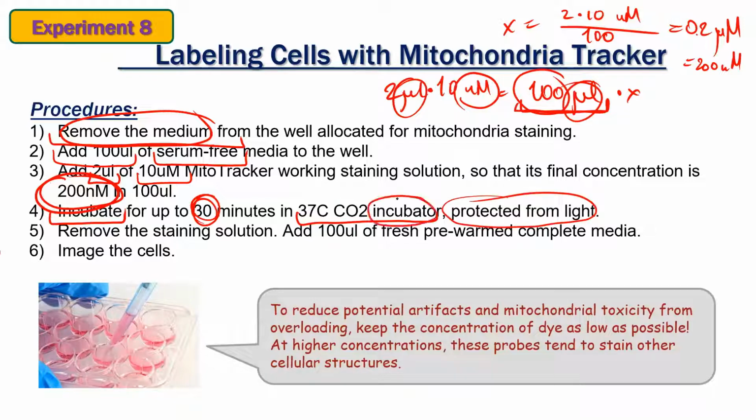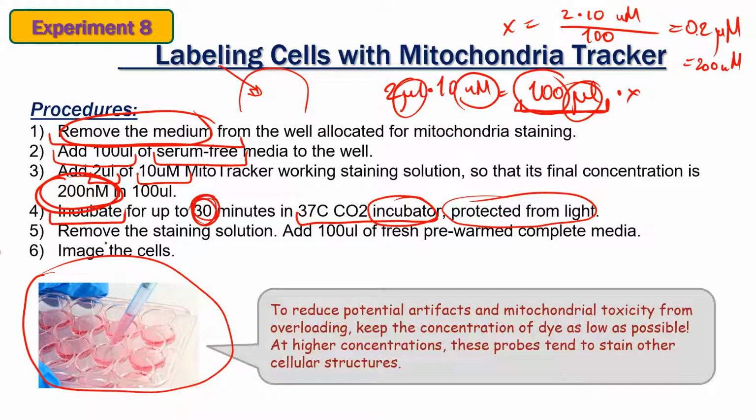Usually incubators don't have internal light, but there are different types of incubators. Some of them actually have glass shields, which means light comes easily inside, which means you need to protect your 96 well plate with some kind of foiling or covering of foil.